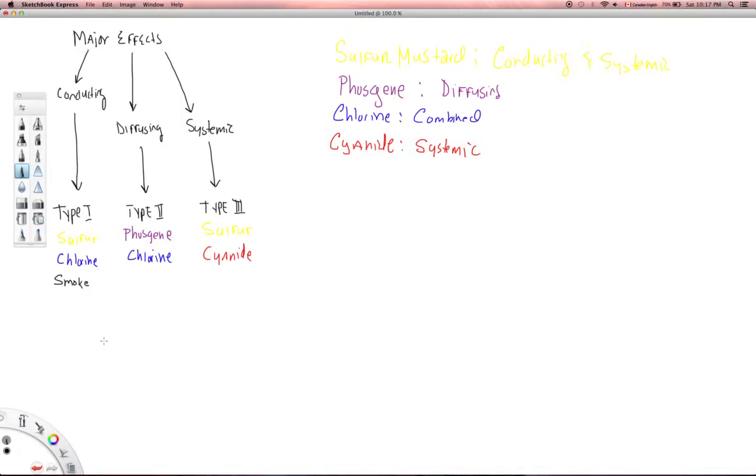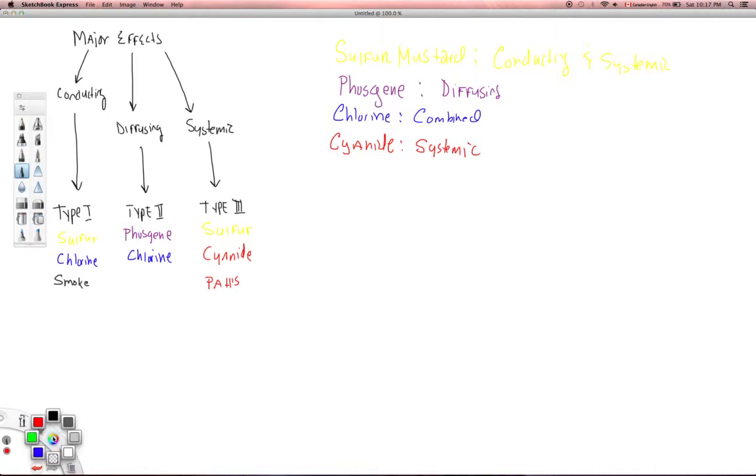Your polycyclic aromatic hydrocarbons, you can run into those. The PAHs primarily going to have type 3 effects. PAHs, I'll throw them there. Acrolein, like lubricating oils that have overheated and have vaporized. You're going to have some type 1 and type 2 effects there.